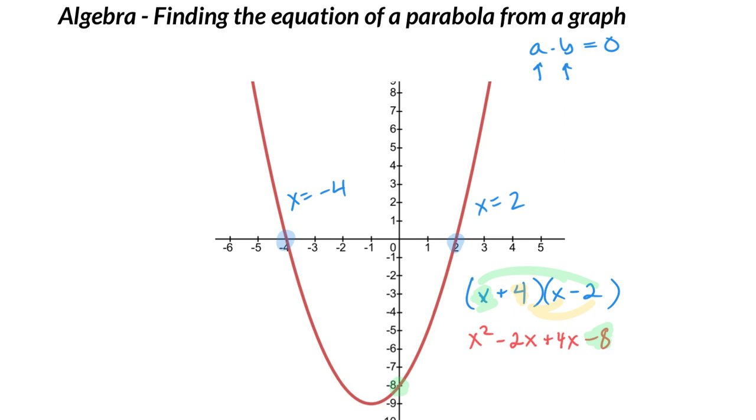If there was something going on where we got -8 as our y-intercept in our equation, but that did not match up with what was on the graph, then we must have had some kind of scalar out front, some multiplier that changed it. So for example, let me make a quick sketch at -4.